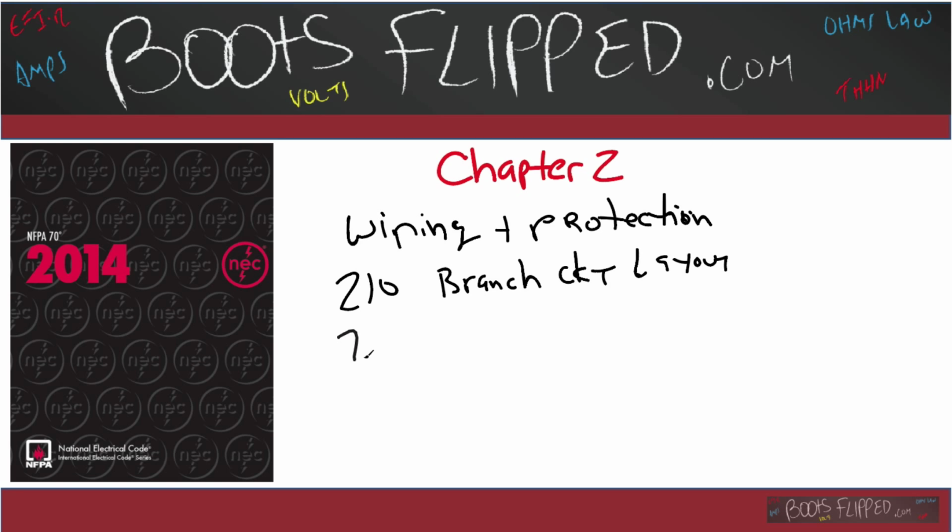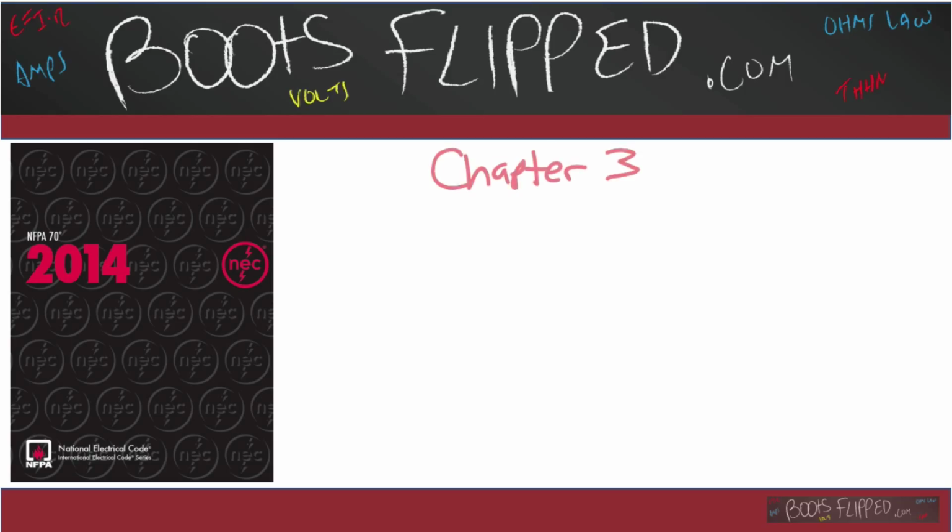We're going to get into 220, and that is where we'll do some calculations for branch circuits and feeders. For me, that's a fun one because I like math. If you don't like math, it may not be as fun for you, but I really enjoy that article myself.